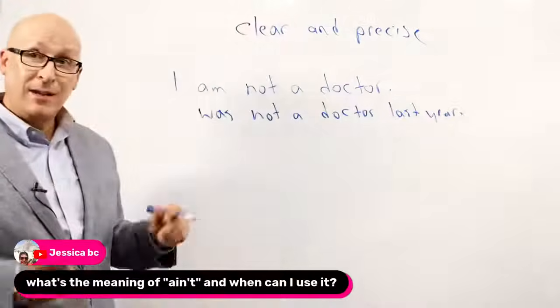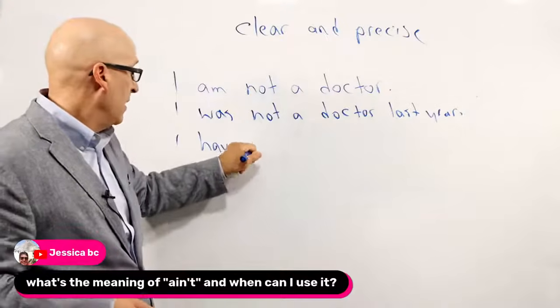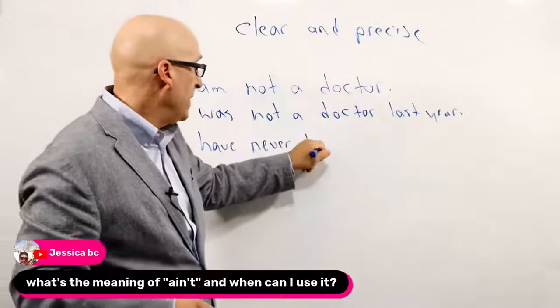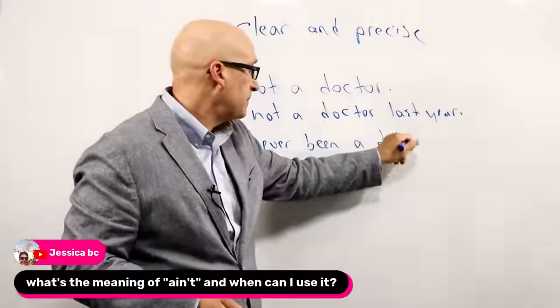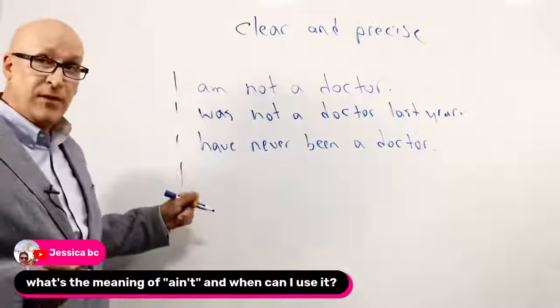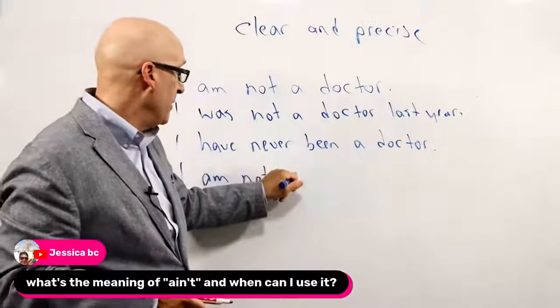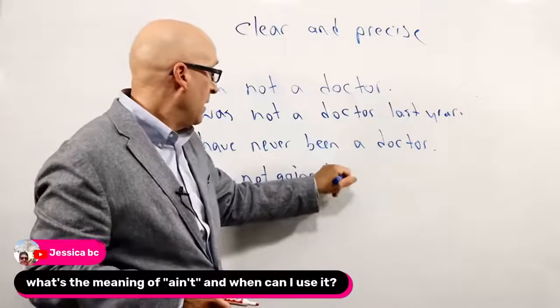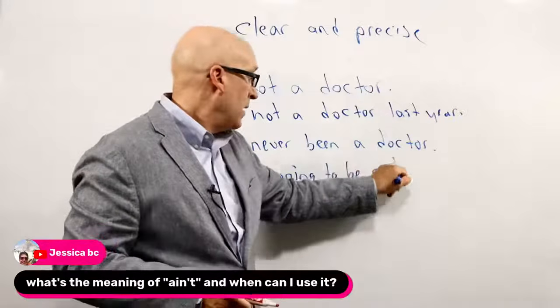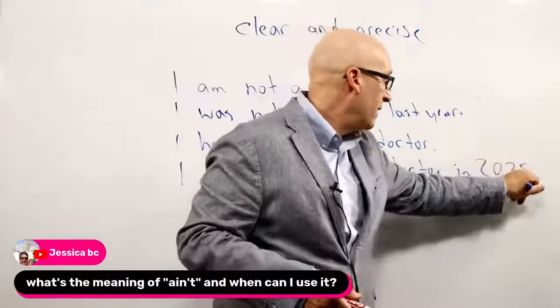And if I want to tell you my life experience, I have to say I have never been a doctor. If I want to talk about the future, I should maybe say I am not going to be a doctor in 2025, the future.